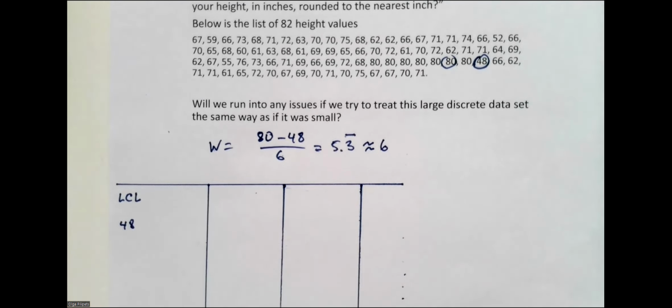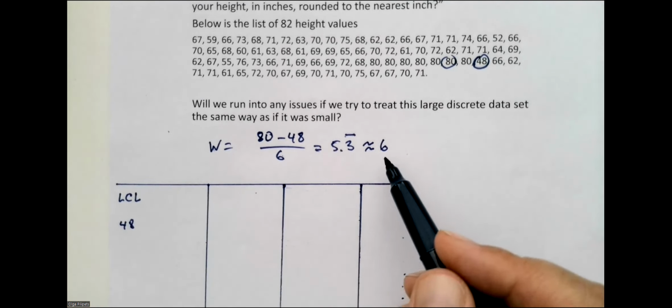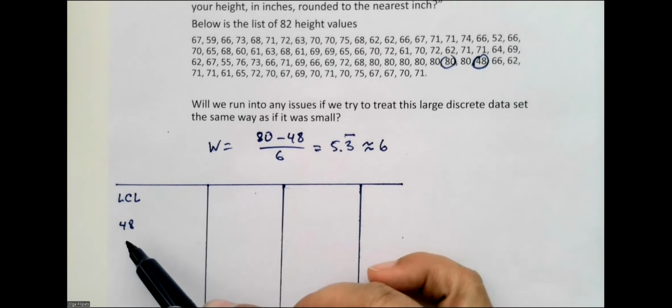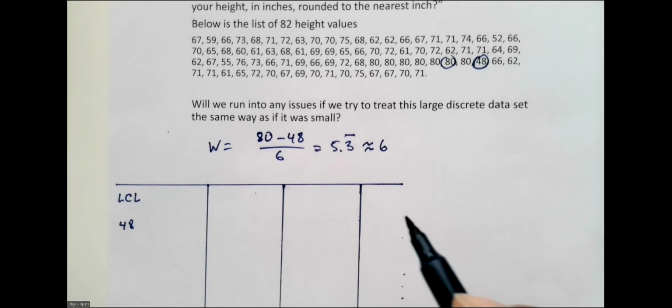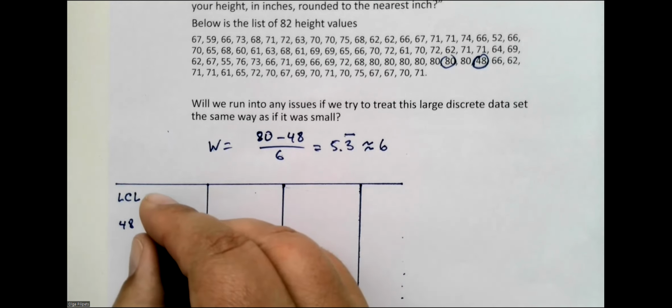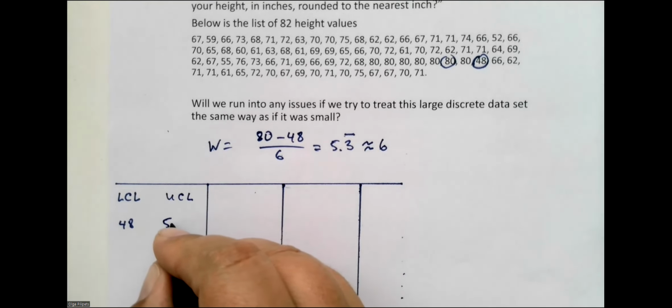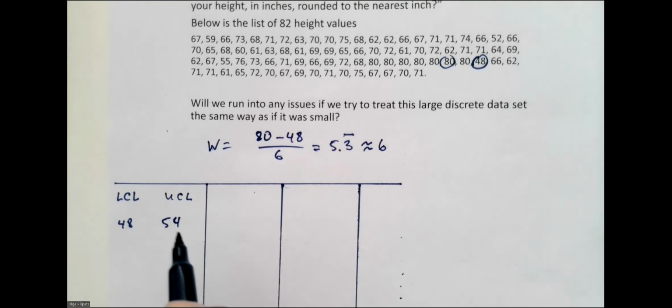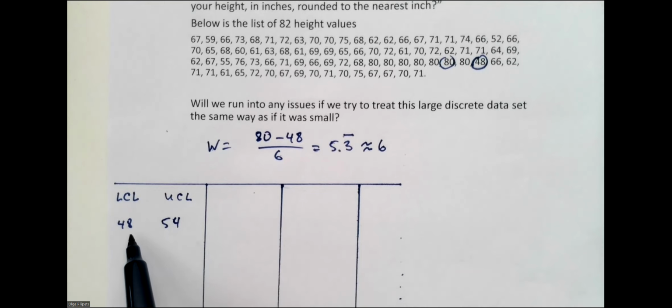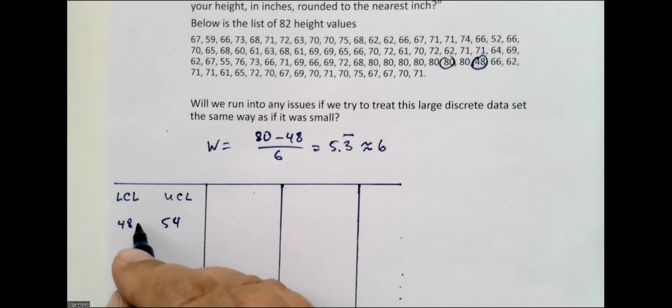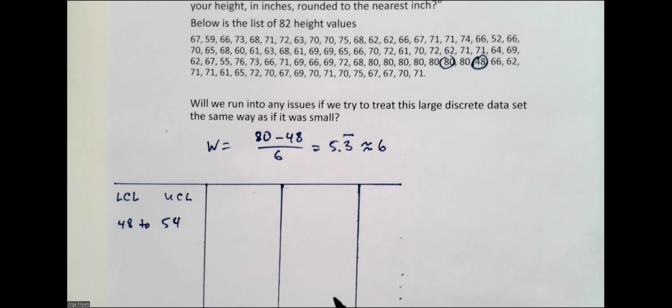Now my first group is going to be 48 plus 6, which gives me 54. So my upper class limit for class 1 is going to be 54. So in this class, I'm going to have values from 48 to 54.